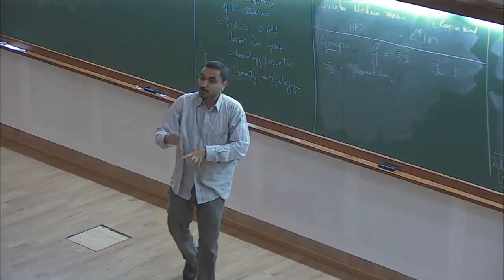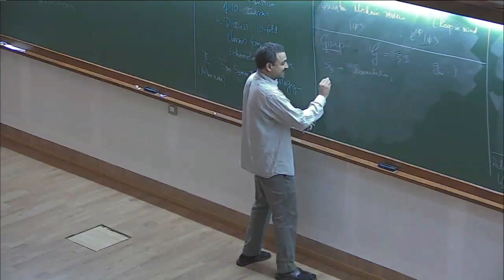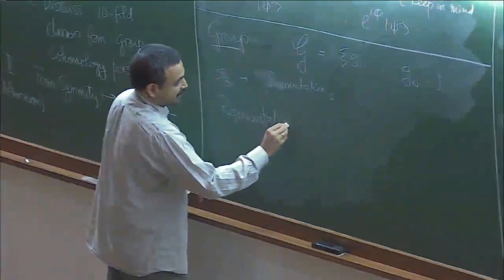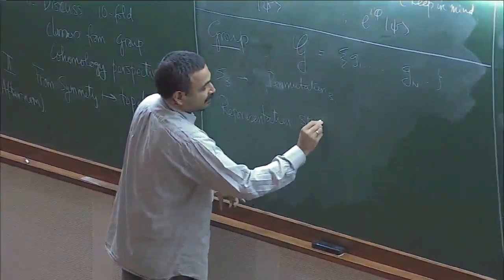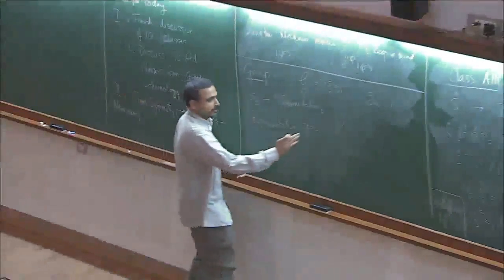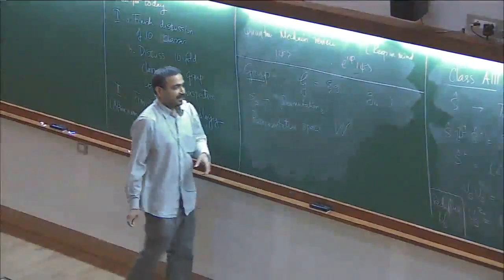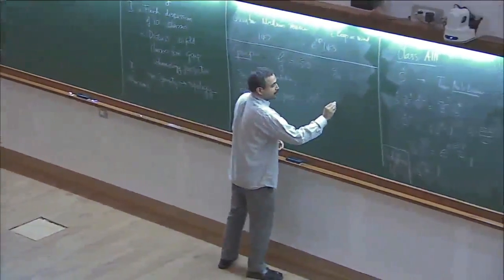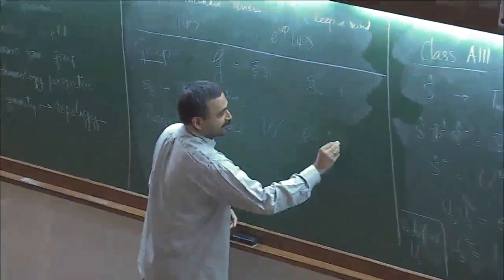So there's a representation space. Let's just call it V. Okay, V we have already used, so let's call it W. So this has some vectors, let's call them w, some set of vectors, if you like.